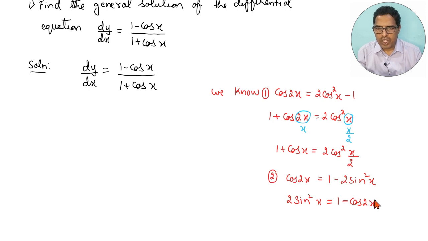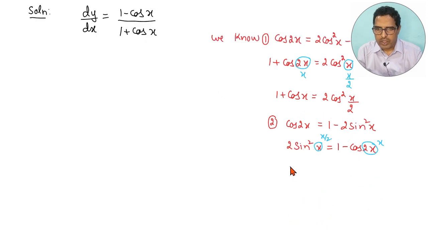Once again, if I try to replace this 2x by x, it becomes a half angle. x will be replaced by x by 2. Therefore we have 2 sine square x by 2 equal to 1 minus cos of x. Therefore 1 minus cos of x is nothing but 2 sine square x by 2.